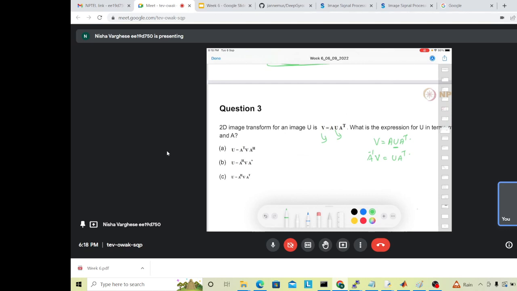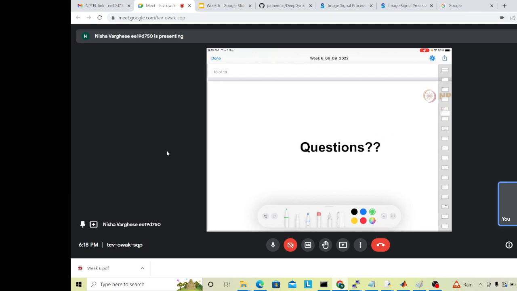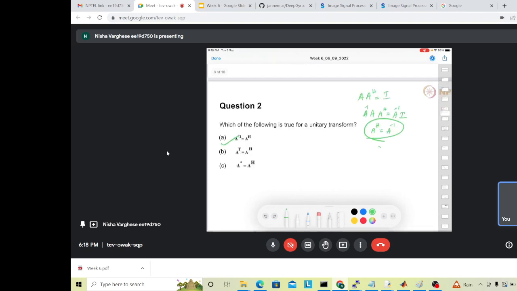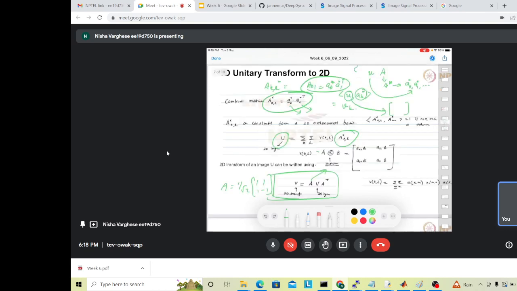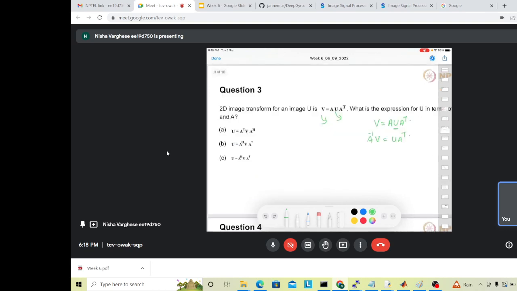Then just multiply with A inverse here. So A inverse A U A transpose, it will become I. So U A transpose.